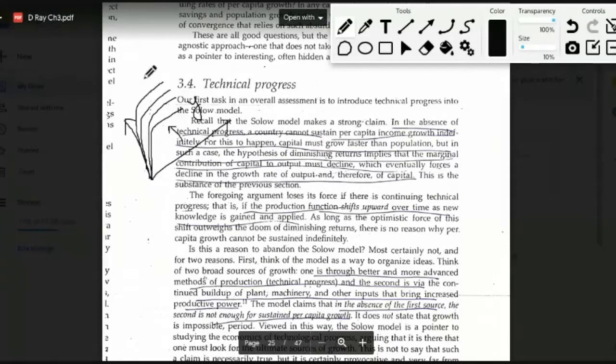When this happens, the savings function sees a similar effect. The savings function is nothing but small s into small y. So if small y is increasing, moving in the upward direction, then we can expect sy to also move in the same direction. And with this shift in the production function, what's happening in the Solow model is a consistent increase in the K star value.